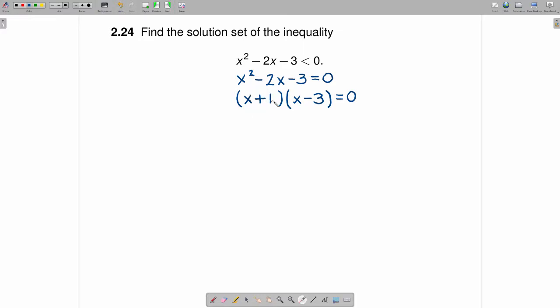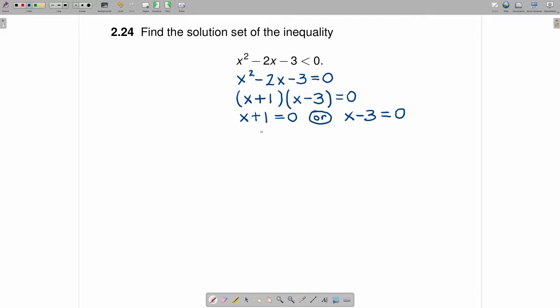Now, because we have one thing times another thing equal to 0, that means either the first thing, that is the x plus 1, is equal to 0, or the second thing, which is the x minus 3, is equal to 0. This first equation can be solved for x by subtracting 1 from both sides.